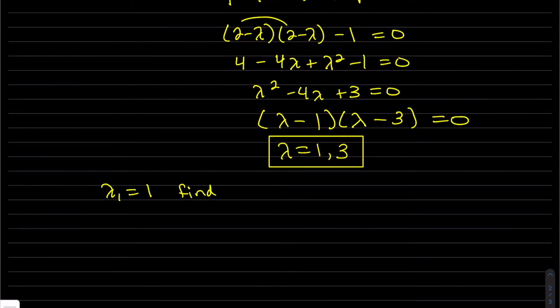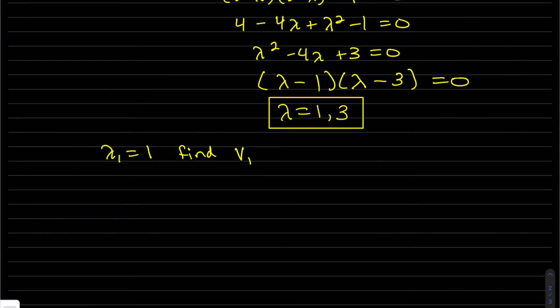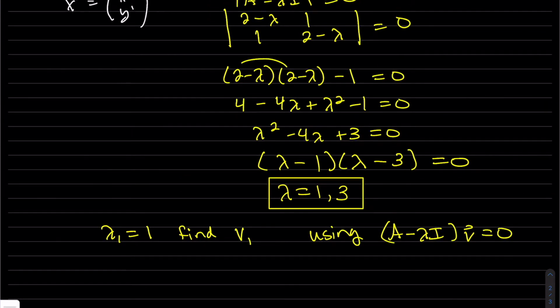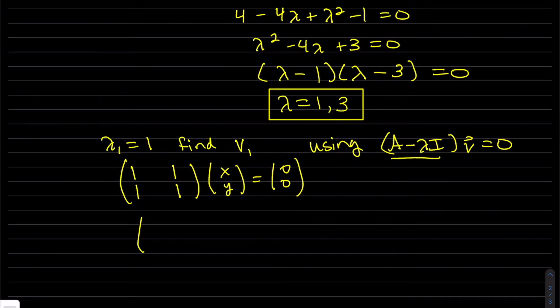So we're going to find our eigenvector for lambda 1, plugging 1 into these lambdas to form this. So 2 minus 1, and we'll augment this.